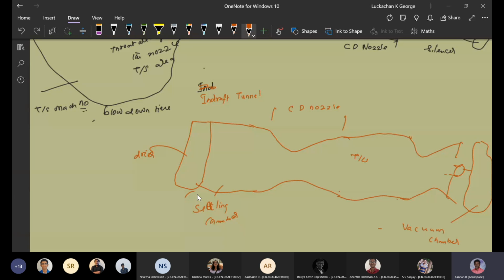With the help of a vacuum pump, we are going to create a vacuum inside. Whenever you want, you open this valve, and flow is automatically established through the tunnel. You are going to have a test section.